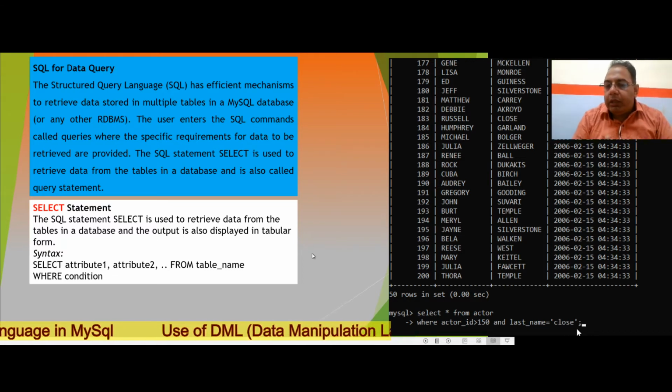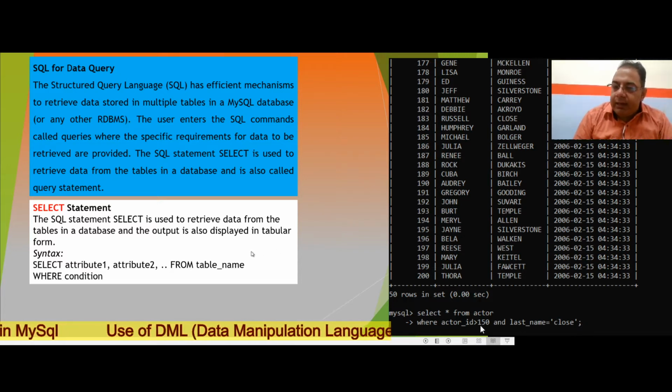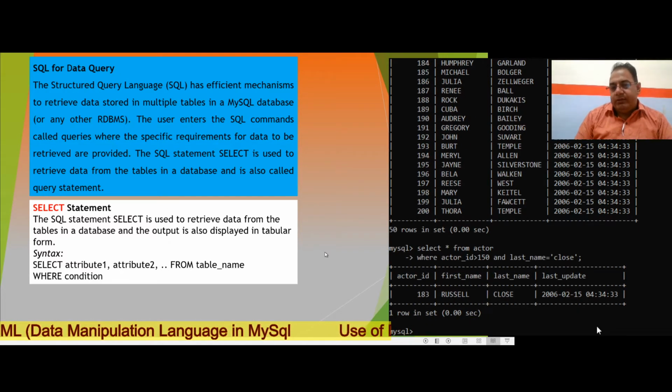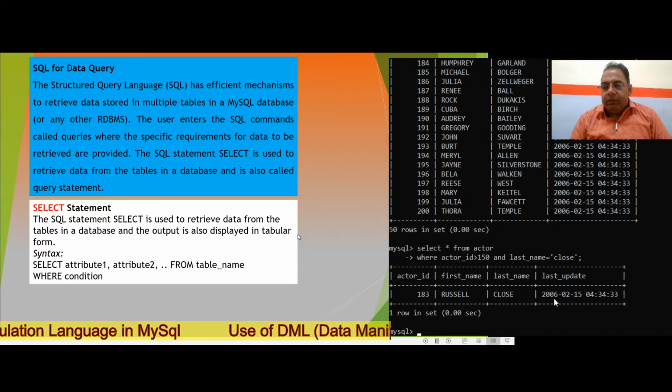It will display the record only when the actor_id is greater than 150 and the name is Close. If both conditions are true, then the record will be displayed, otherwise it doesn't display any record. Yes, actor_id 183, first name Russell, last name Close, and the last update is that one.